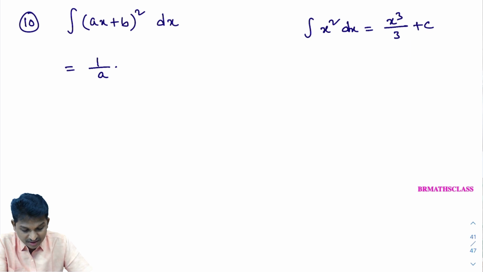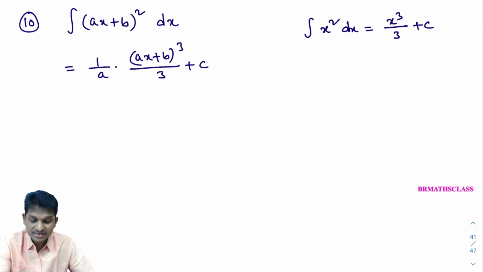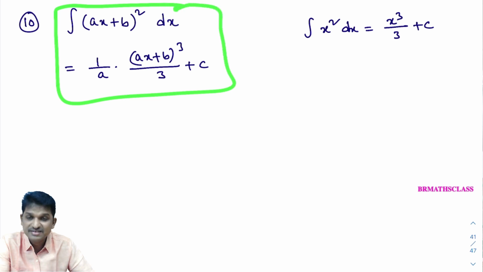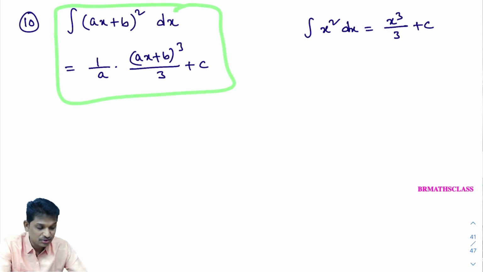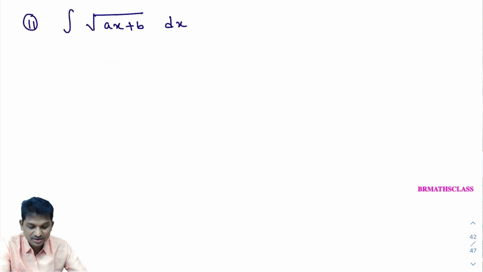This will become ax plus b whole cube divided by 3 plus c. I hope you understand. See this problem I written in single line. I hope you are understanding how to write the answers to these things directly. I strongly recommend you to write the answer directly for these problems.